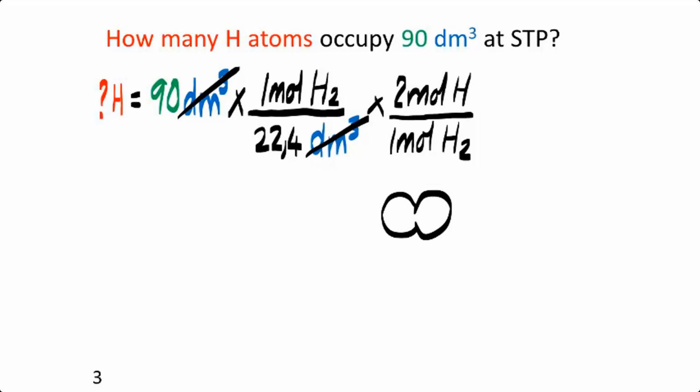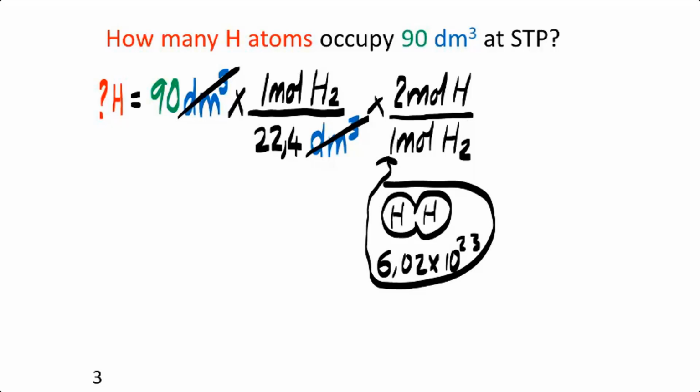Here's 1 molecule of H2. Now imagine a whole mole, which is 6,02 times 10 to the power 23 of these. So here's 1 mole of H2. Now we imagine we split that so that that H goes there and that H goes there. And we do that for all 6,02 times 10 to the power 23 of these H2 molecules.